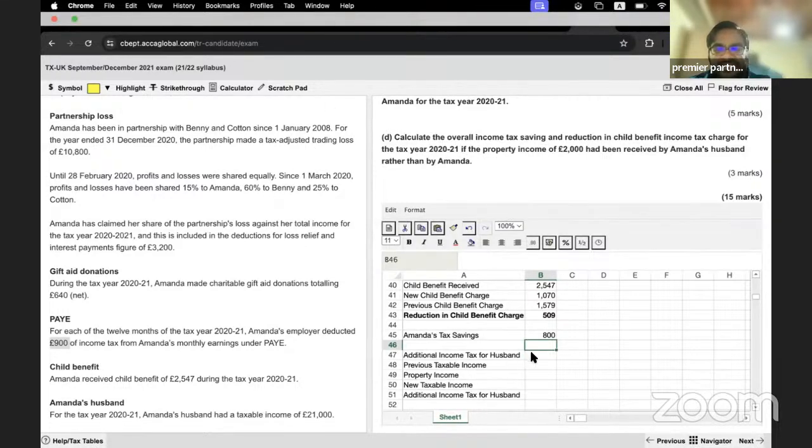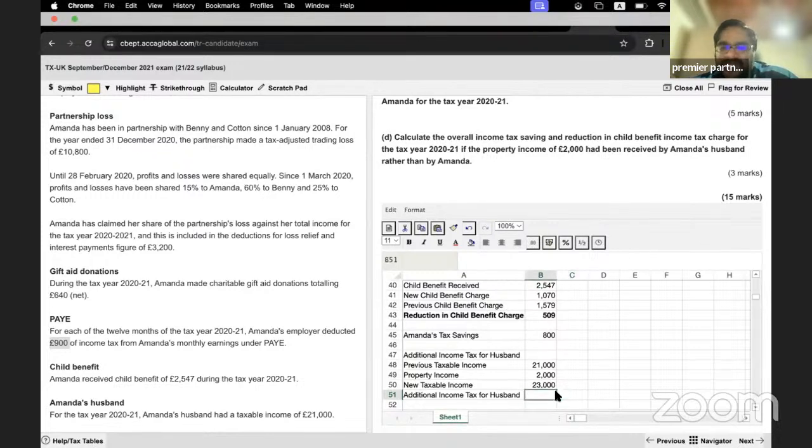Right. Then for her husband, his previous taxable income would have been how much? They have straight away given the taxable income, which is 21,000. Now we are talking about a property income of 2,000. So the new taxable income for her husband would be 23,000. Are we agreeing on that as well? Great.